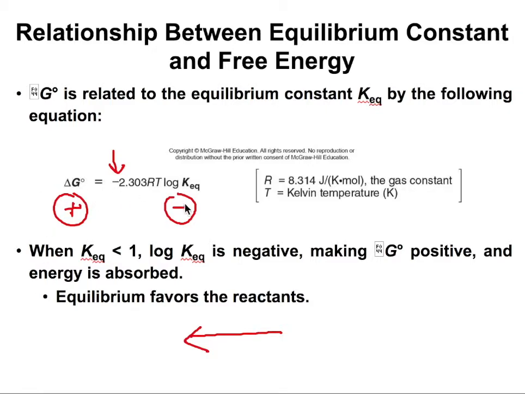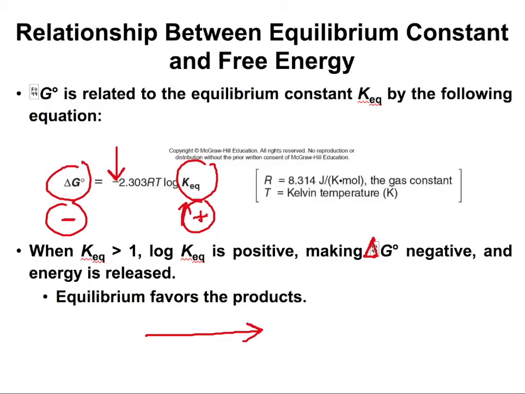So we want to have a K equilibrium that is larger than 1. In that way, we have a log that ends up positive, giving us a negative sign right here in the delta G. So like we saw here, we want these to be positive, and when we multiply by this negative sign, we end up with a negative sign.